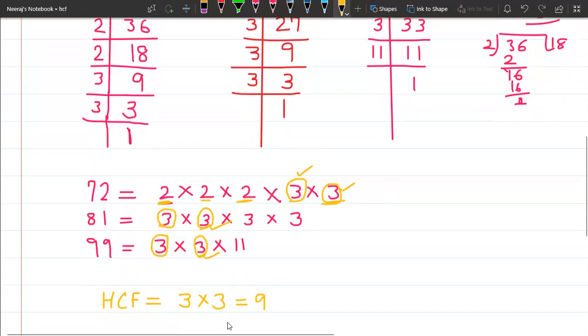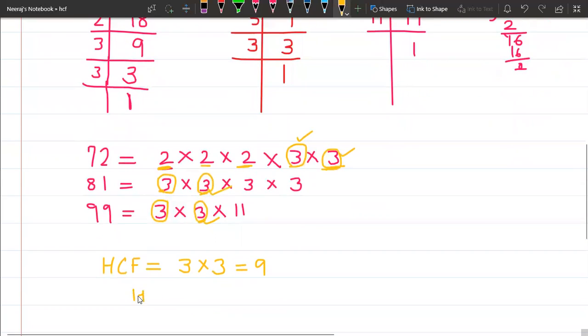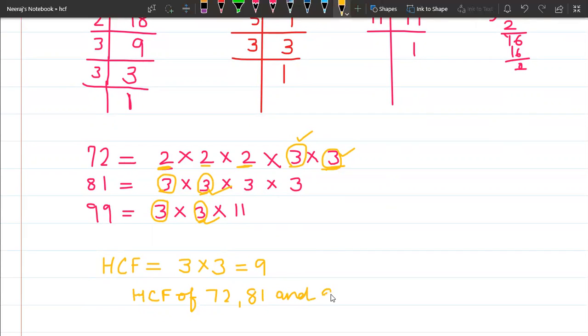So it means that, lastly you have to write HCF of 3 numbers, that is 72, 81 and 99 is 9. Why we have found the HCF?